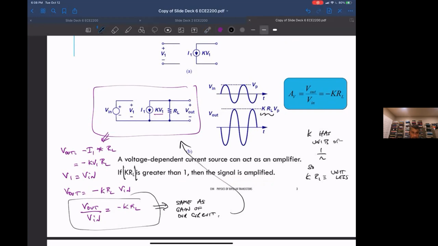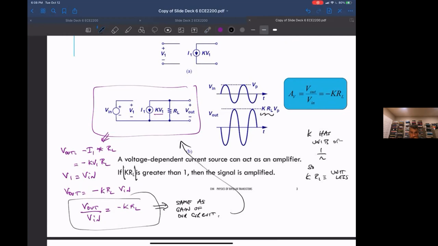You're still going to get amplification. It just changes the sign. And when the absolute value is less than 1, that's when you're going to get attenuation. Okay, any questions so far? So this is what would happen if you had a voltage dependent current source.